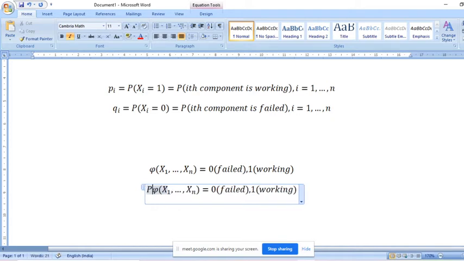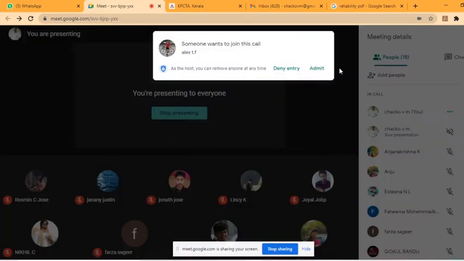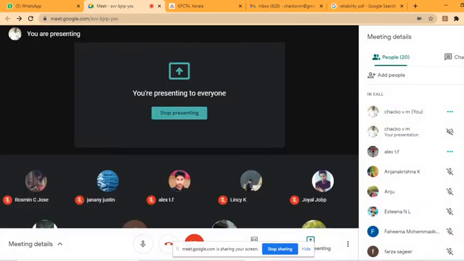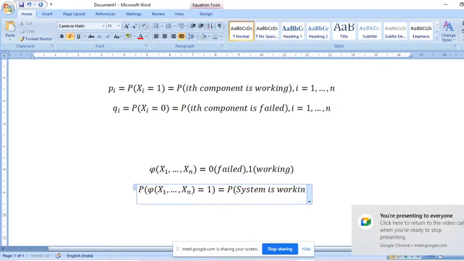This is the probability of phi of x equal to 1, which means the probability that the system is working.